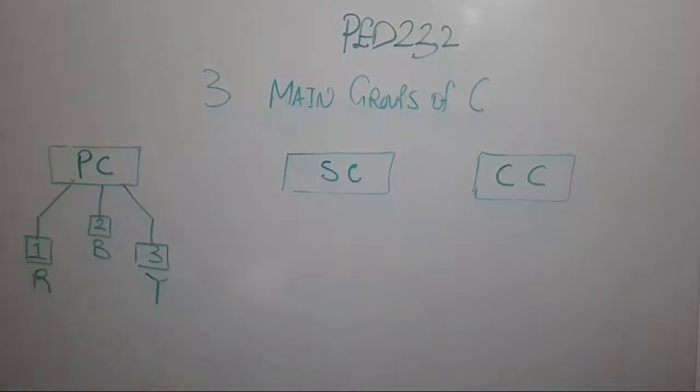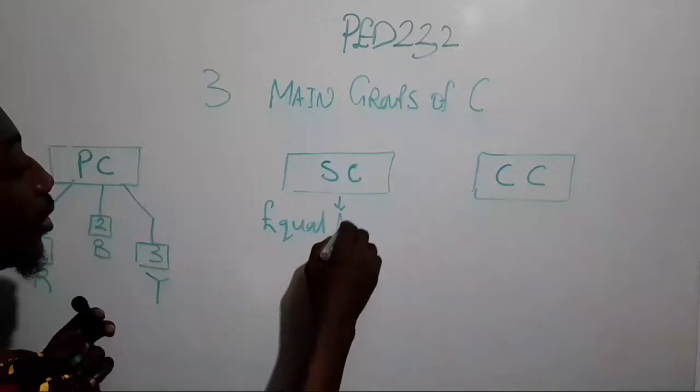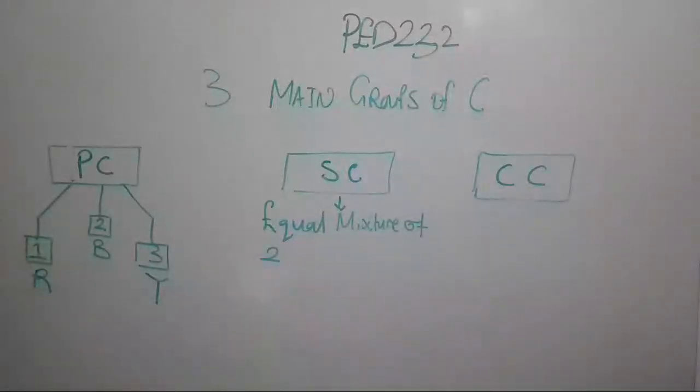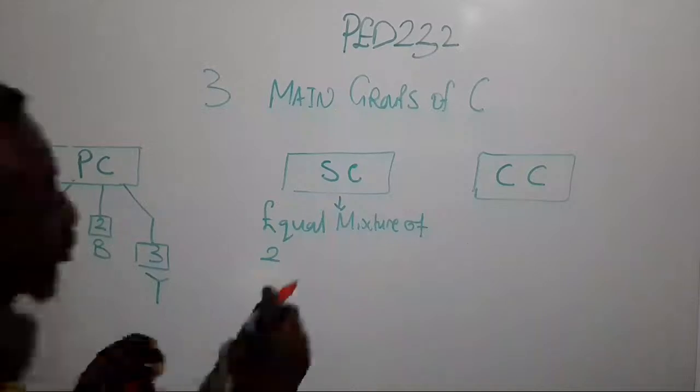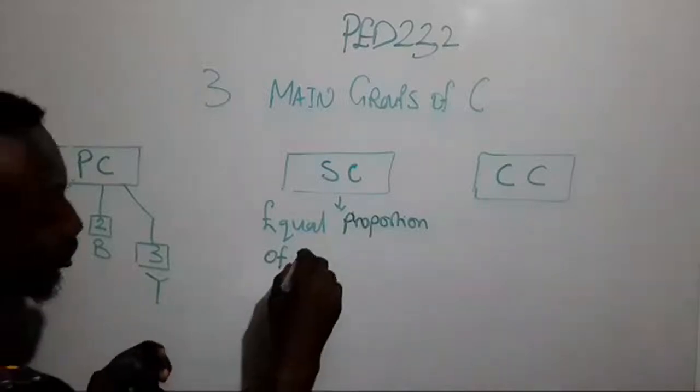The secondary color can be obtained only from a mixture of equal proportion of two primary colors.